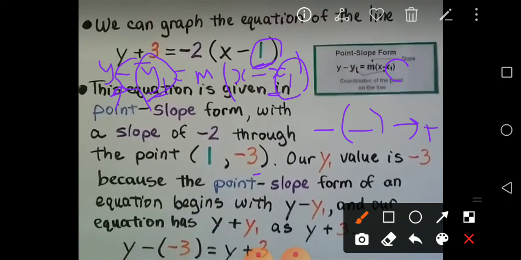So the point is 1 and negative 3. Our y sub 1 is negative 3, because the point slope form of an equation begins with y minus y sub 1, and our equation has y plus 3. So I have taken the negative 3, as when I say y minus negative 3 gives me y plus 3.